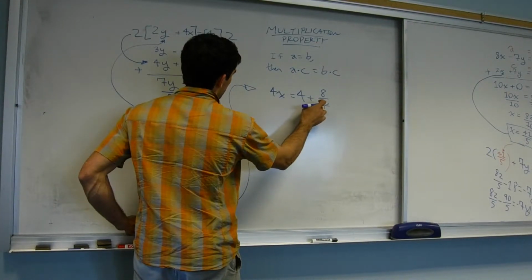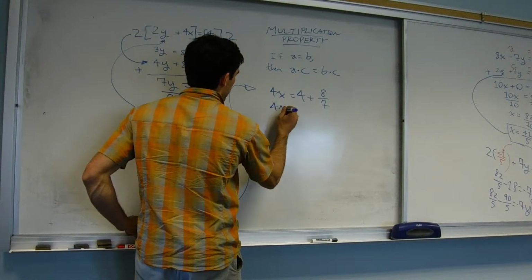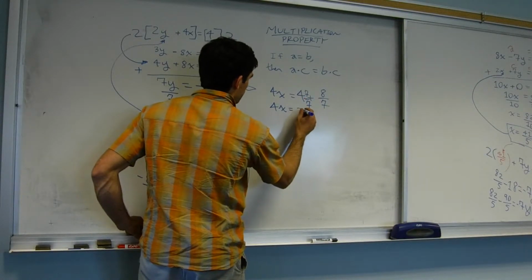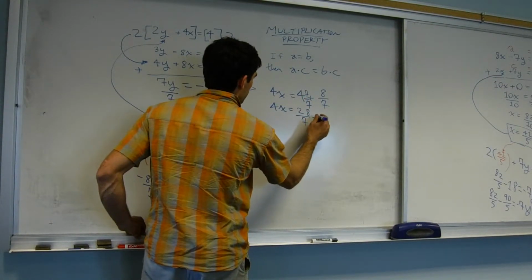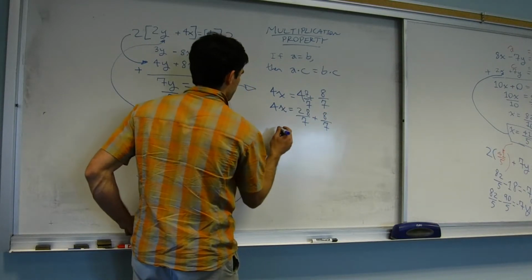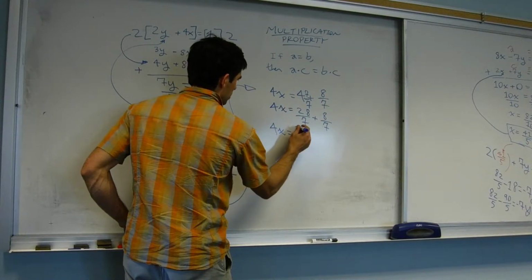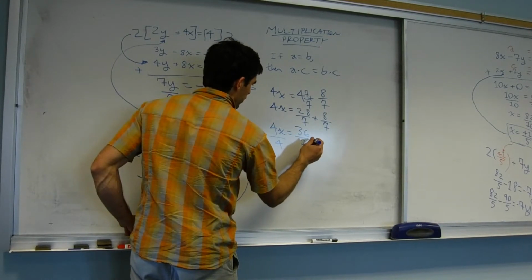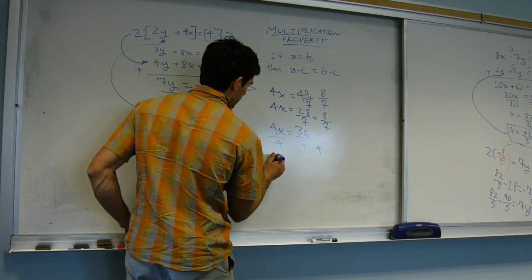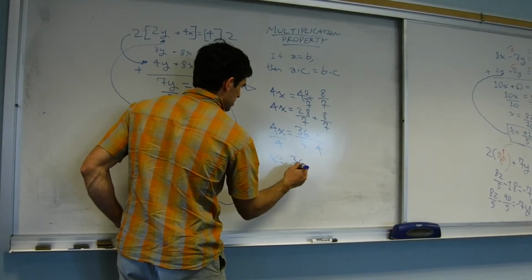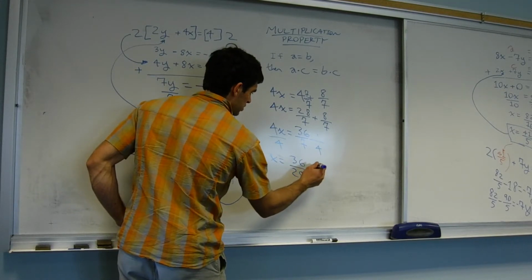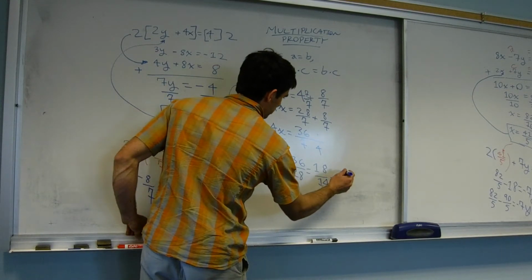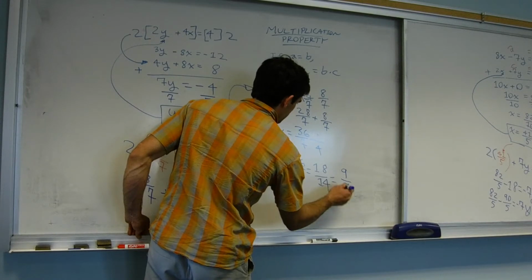If we get a common denominator, I'll multiply 4 by 7, 28 over 7 plus 8 over 7, so we get 4x is equal to 36 over 7. We divide each side by 4, and we get x is equal to 36 over 28, which is also equal to 18 over 14, which is also equal to 9 over 7.